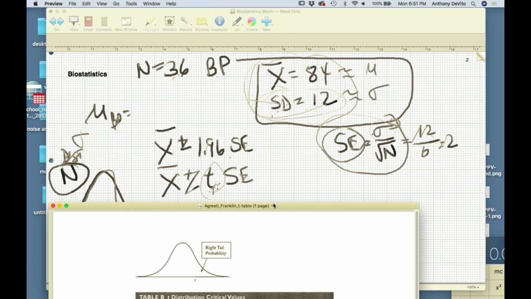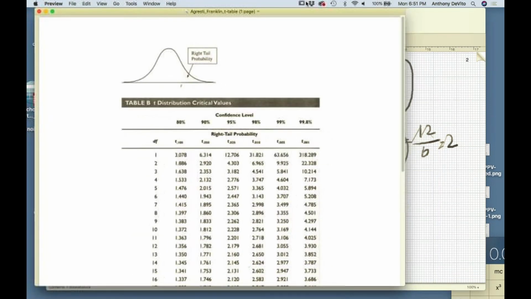Well, we're not really that interested in all of the possible t-scores. We're really mostly interested in the t-values that represent 95% certainty, 99% certainty, and say 90% certainty.